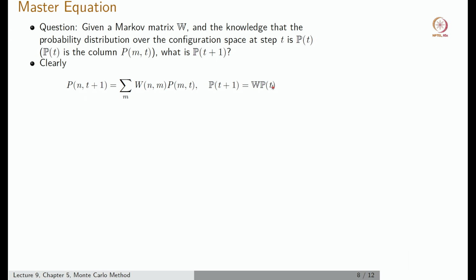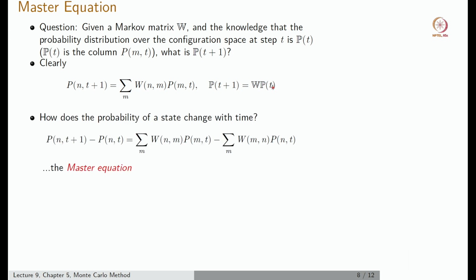Okay. It is a very simple idea. But you can ask, how does the probability change with time? So, I have to take the difference P_n(t+1) minus P_n(t), and P_n(t+1) is just W times P(t). Now, I play a small trick here.